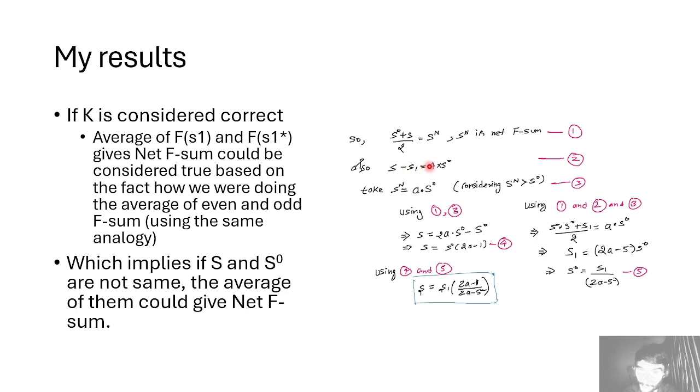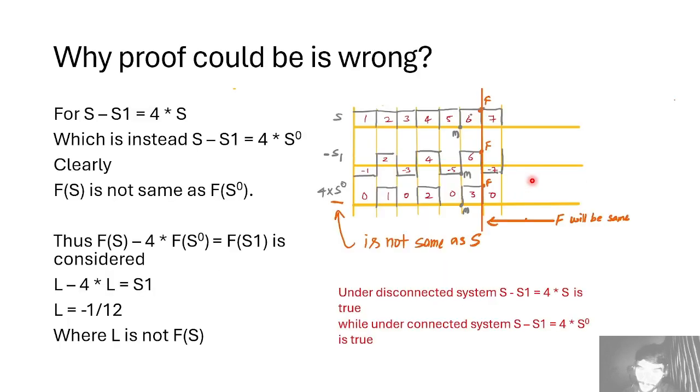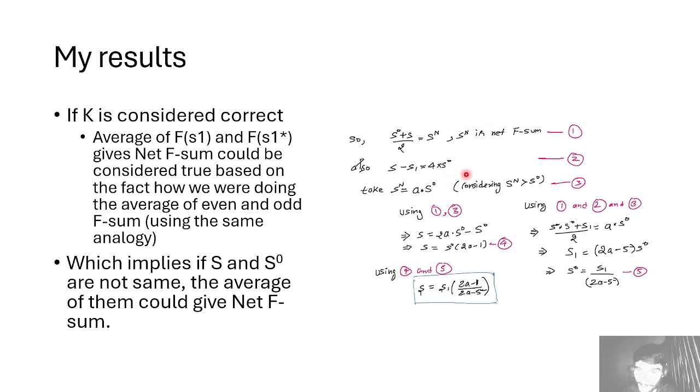S minus S1 is equal to 4 times S naught. And finally, since Sn is greater than S naught, that's what we implied, the final sum will always be greater than S naught. Now in this case, using equations 1 and 3, we can derive equation number 4: S is equal to S naught times (2a minus 1).